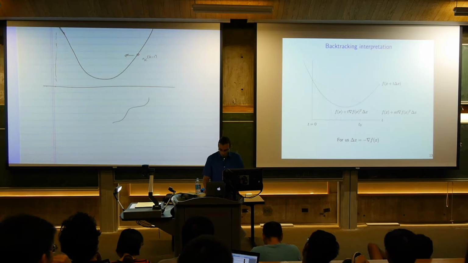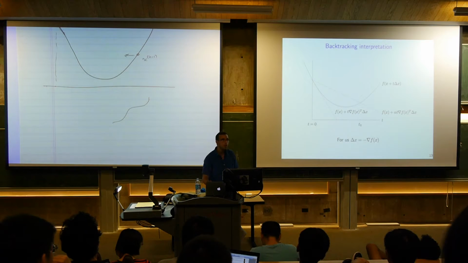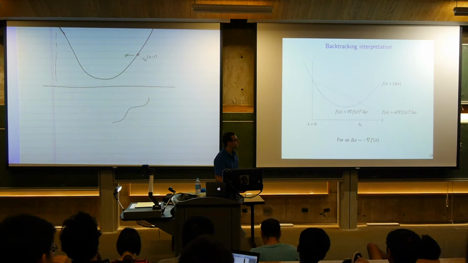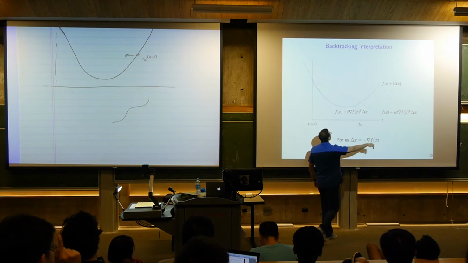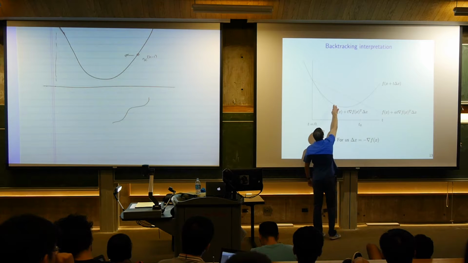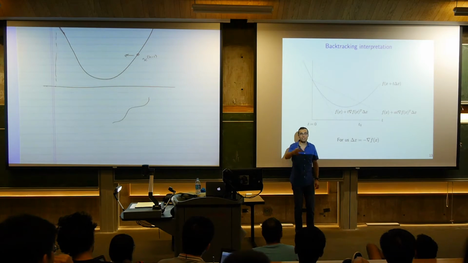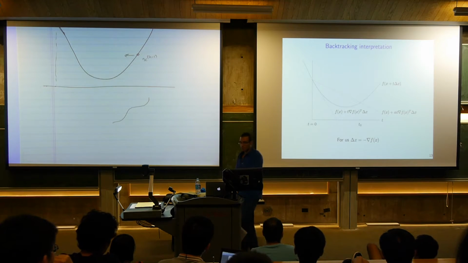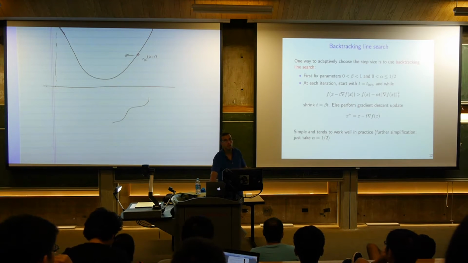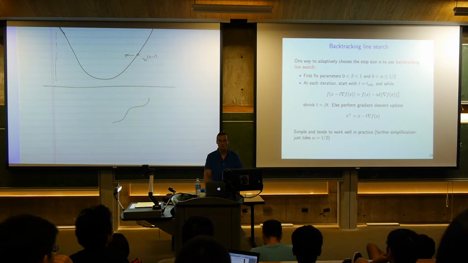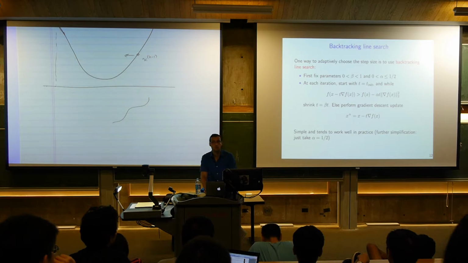So to answer the question that was asked a bit earlier, one thing we could do, although I don't think it's done very commonly in practice, is if we take a small value of beta, which means big shrinkage, and we end up, say, here, and it's just too small of a step, then we could actually increase the step size if we wanted to. Maybe even some kind of binary search, until I think that I meet this exit criterion at the largest possible value of t. I'm not really aware of that being done so much, but there doesn't seem to be anything wrong with that.